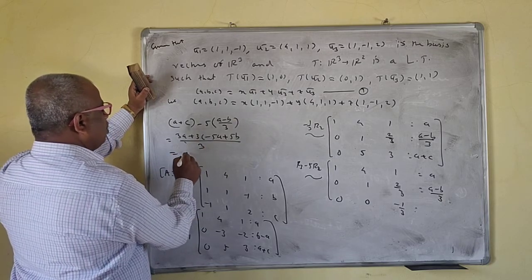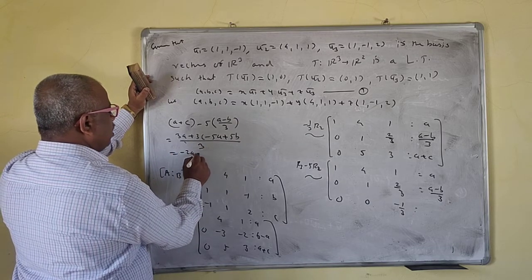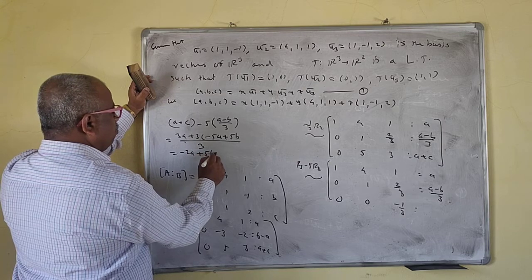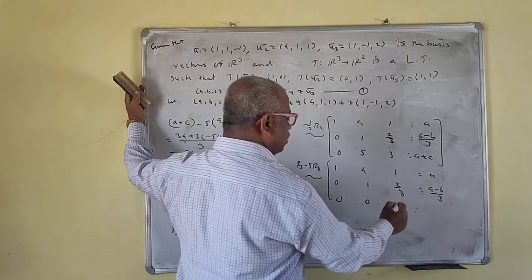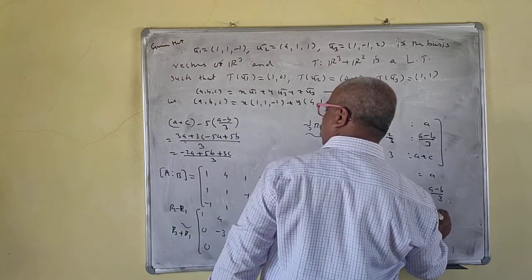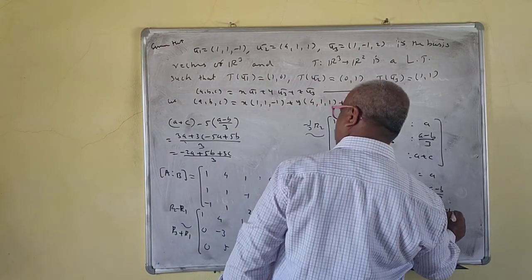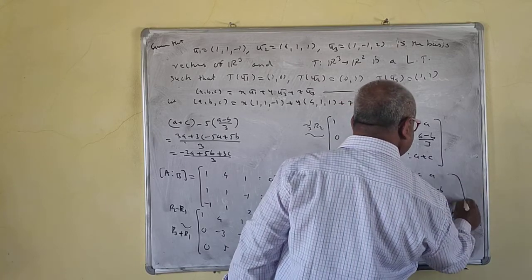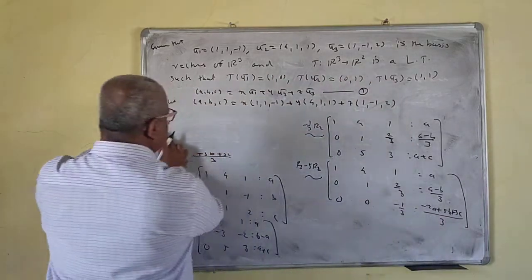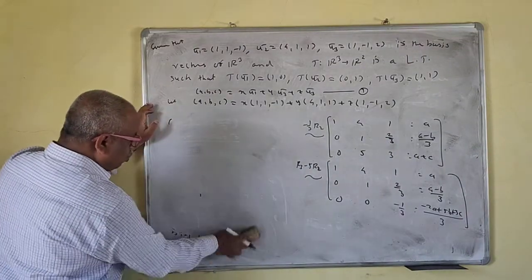That is minus 2a plus 5b plus 3c upon 3. So we will solve all this now.